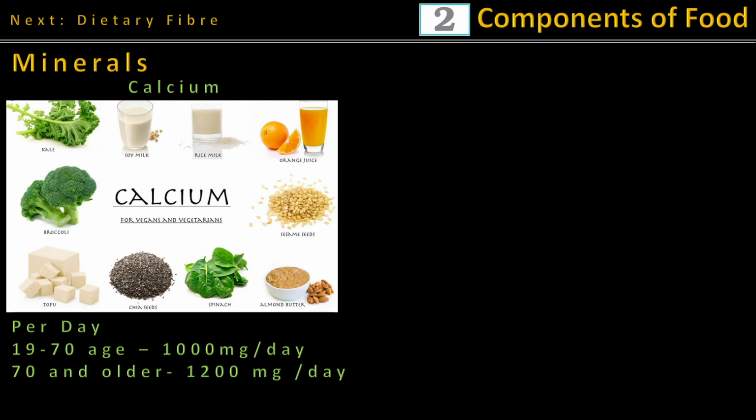If you take 1000 milligrams of calcium per day, in the 19 to 70 age range, you will not get any bone-related issues. The bones will be healthy and strong, and you can do any kind of work. You will gain that much confidence if you eat the proper calcium food.